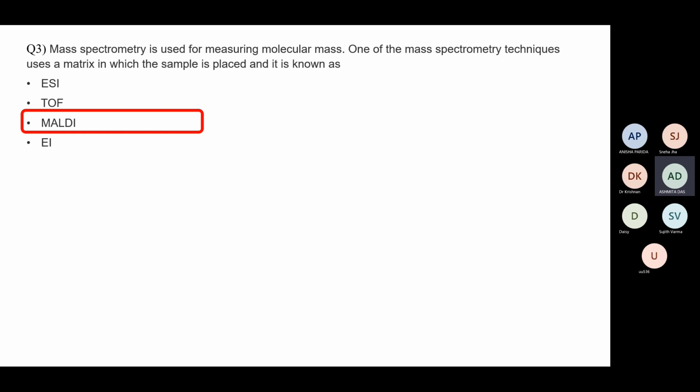As the sample is irradiated, a plume of desorbed molecules is generated, and because of this plume, ions are mostly generated. Apart from that, several other processes are used for ionization, such as inductively coupled plasma mass spectrometry, ICP-MS, fast atom bombardment, and many more. So here the correct option is MALDI.